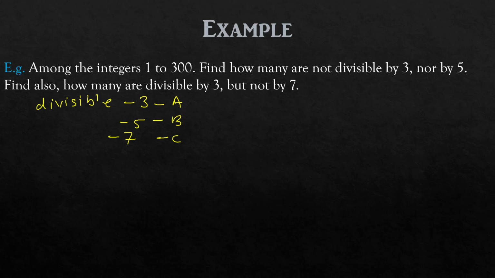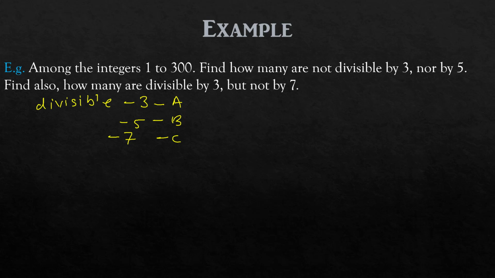Now यहाँ पे क्या find out करना है? How many are not divisible by 3 nor by 5? Right? That is a complement. Because we consider that A be the set of numbers which is divisible by 3, means A complement be the set of numbers which is not divisible by 3. Same for 5, that is the set B, means not divisible by 5 we get B complement.